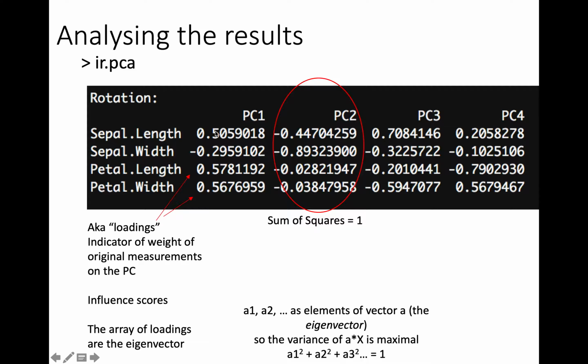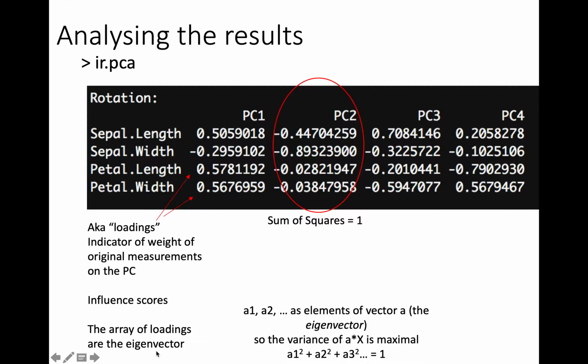So I have here the loadings that indicate the weight of original measurements on the PCA. Okay, so here is that information you just saw. It's also called influence scores sometimes. And the array of these loadings together are the eigenvector, because each loading is for one of those bases, one of those cameras, if you will.